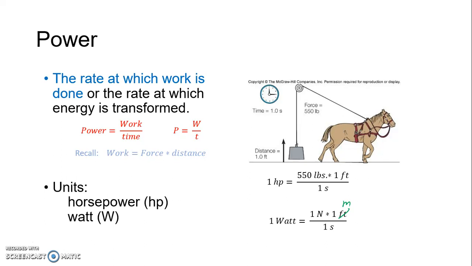And yes, this is the exact same watt as in, say, a 60-watt light bulb. So a 60-watt light bulb uses up 60 joules, or 60 newton-meters, worth of energy per second. That's what is meant by a 60-watt light bulb.